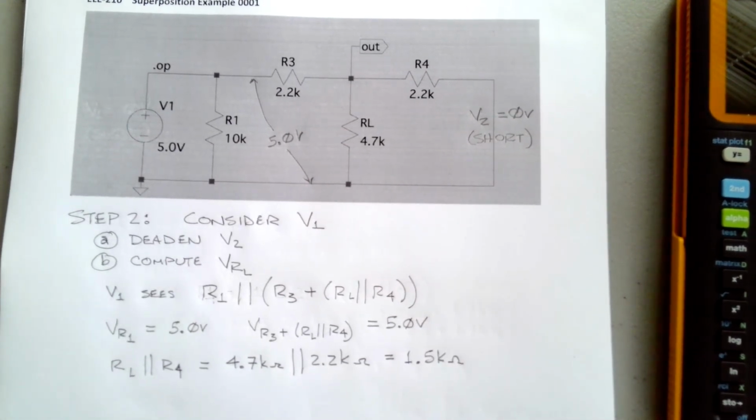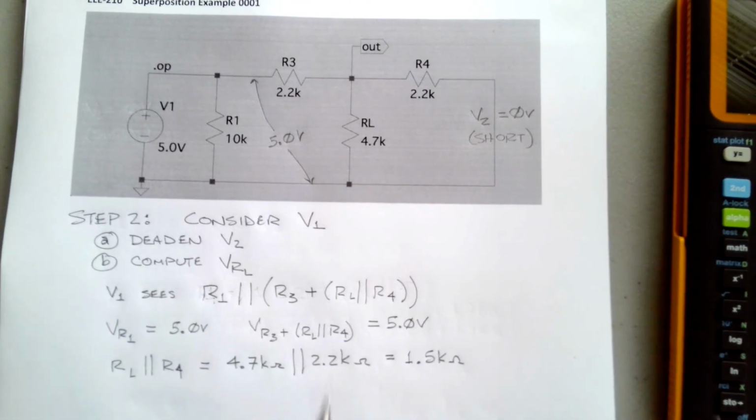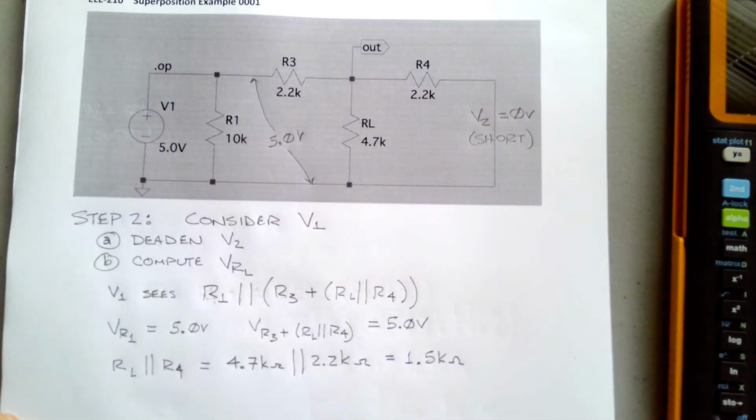Okay, and now 1.5k ohms is what we want the voltage across.